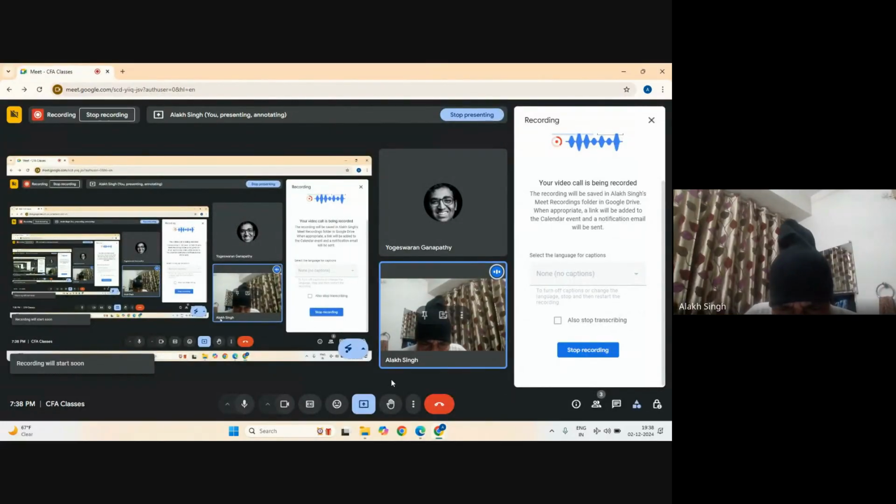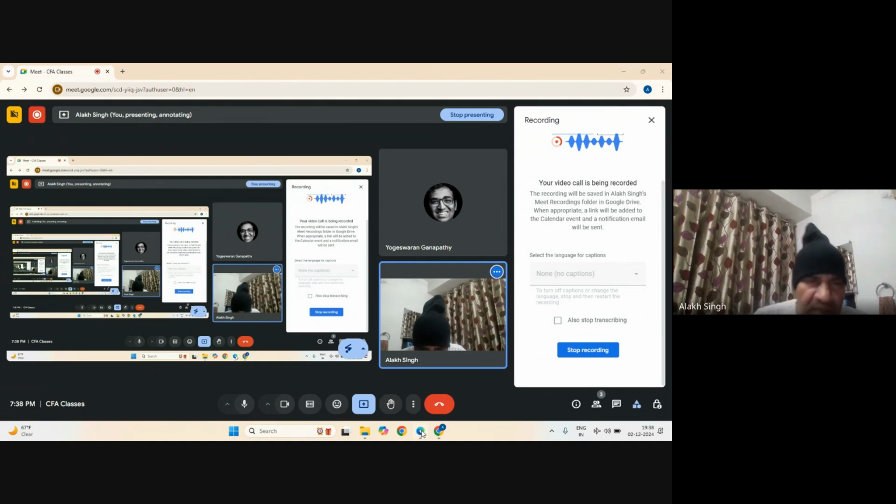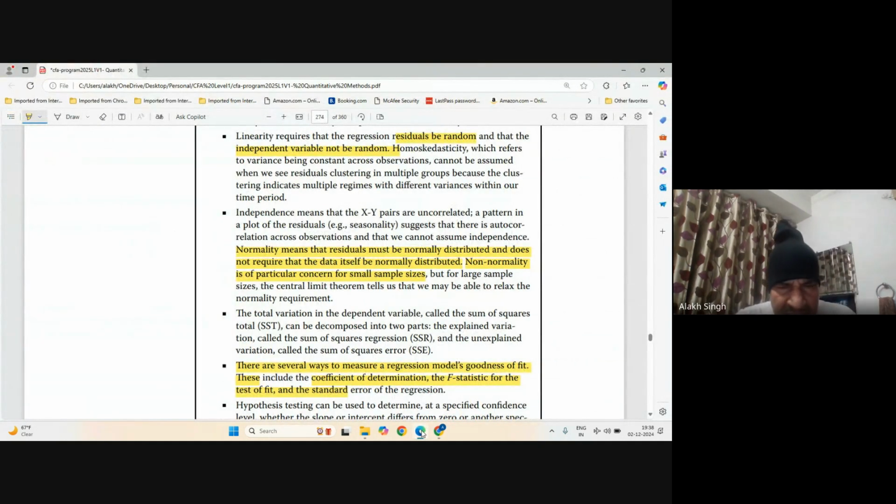Okay, so this linear regression chapter has begun, and about the normality also. One was randomness, meaning the test of independence of x and y.